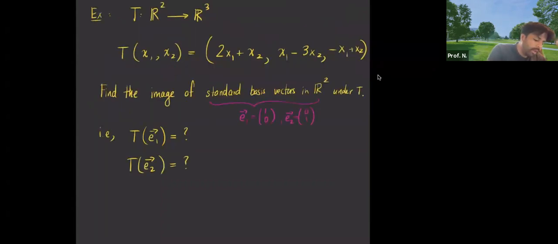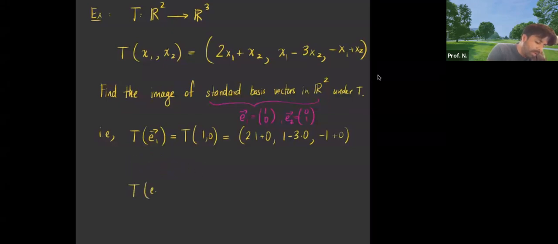So you apply 1, 0, and this becomes 2 times 1 plus 0, comma, 1 minus 3 times 0, comma, negative 1 plus 0, which is equal to 2, 1, negative 1. So E1 is mapped to the vector 2, 1, negative 1 in R3.